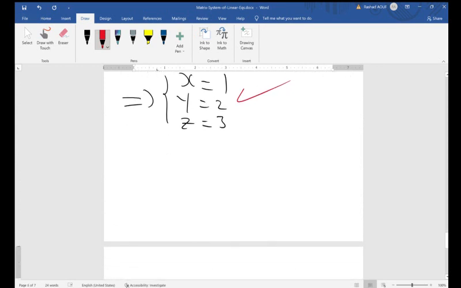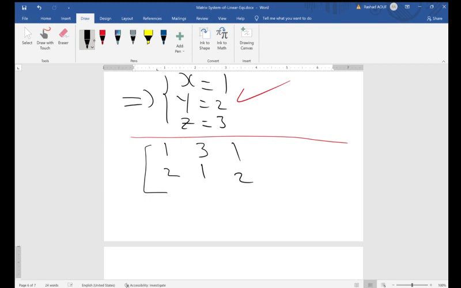You start like this. You put the matrix A, which is 1, 3, 1, 2, 1, 2, 1, minus 2, minus 1.